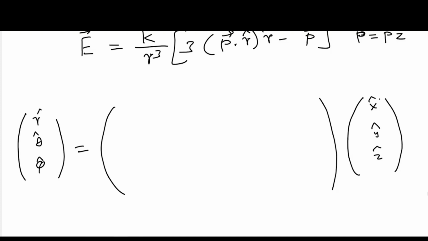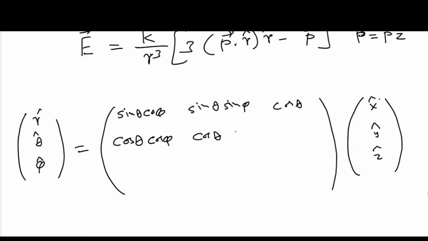where the matrix was: sin theta cos phi, sin theta sin phi, cos theta; cos theta cos phi, cos theta sin phi, minus sin theta; minus sin phi, cos phi and 0.